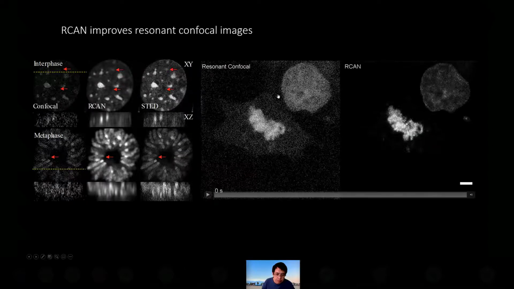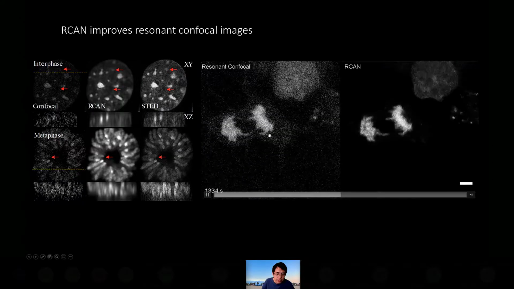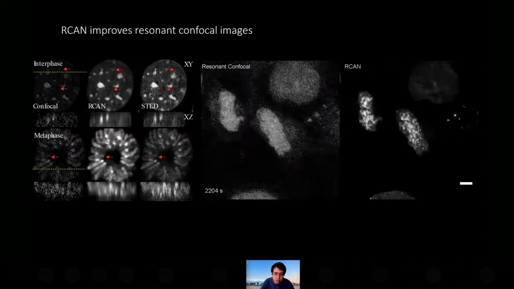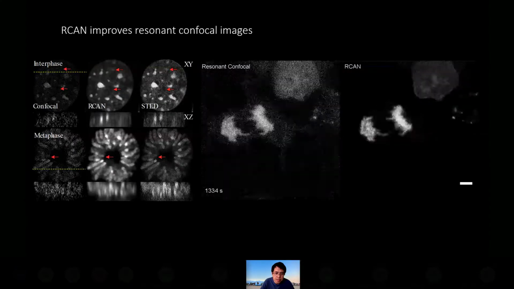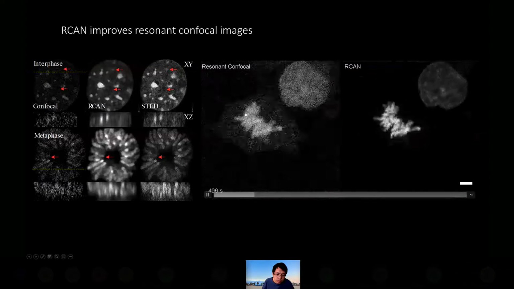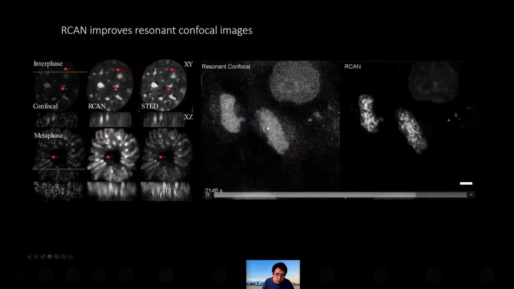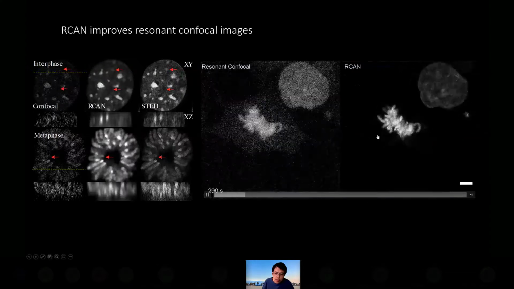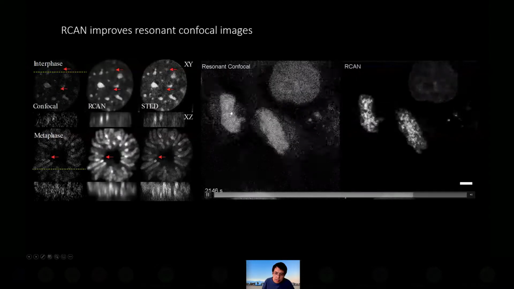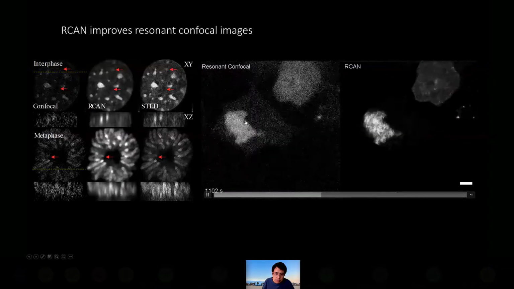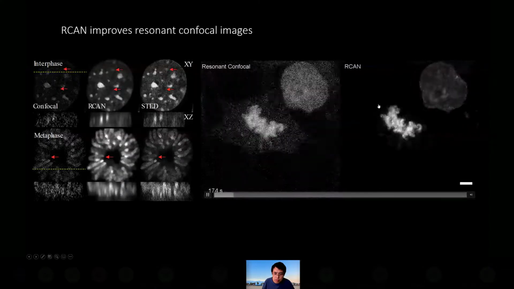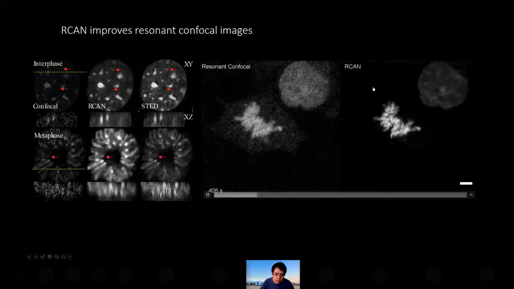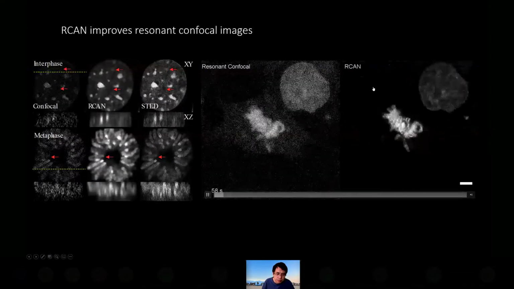We found that we can nicely predict the STED-like images based on the resonant confocal images. The chromosome and nucleus structures were poorly defined in the resonant confocal images. In contrast, the resolution in the chromosome and the nucleus was much better resolved in the RCAN predicted images.